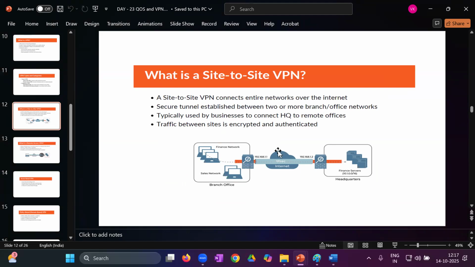It is not that your devices will be in the same network. It will be at different locations. So if you see the users, both site to site and remote access solve the same purpose, right? In this case, the devices are at different locations, but here also we have a VPN, here also we have a VPN service.